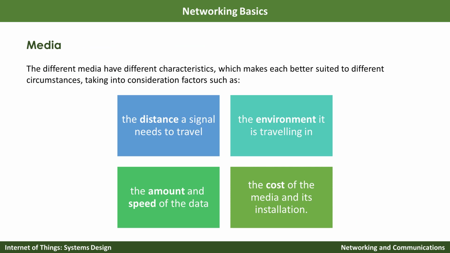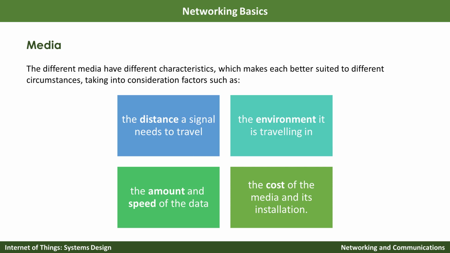Among the three key components, the devices and services are pretty much developed by us, the developers. However, for the middle one, the media, there are a number of choices we have to make, but it is not up to us to develop any media by ourselves.